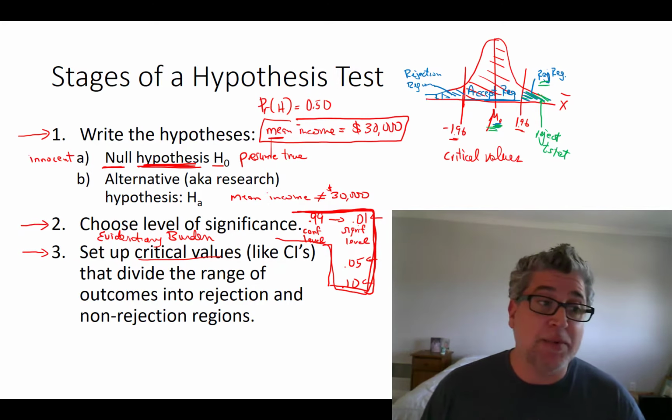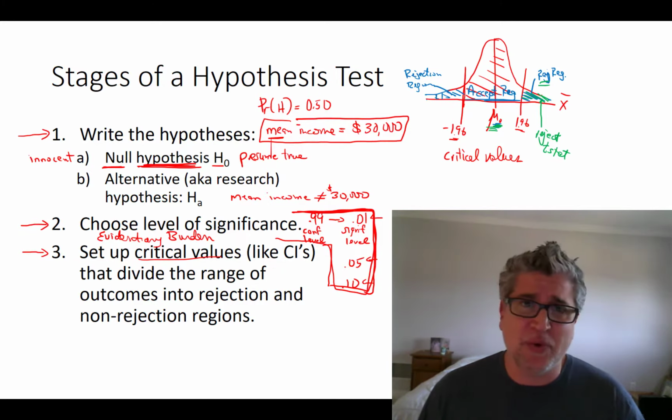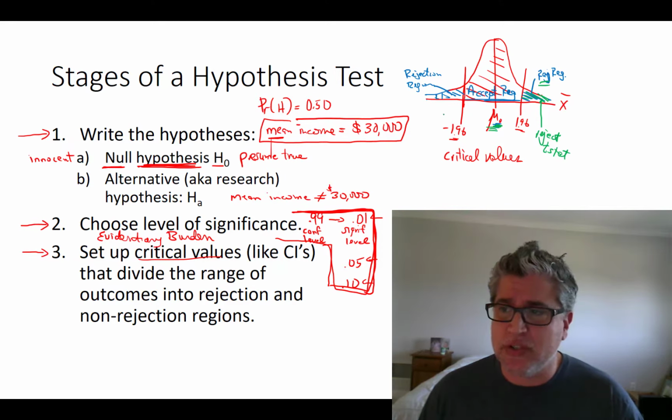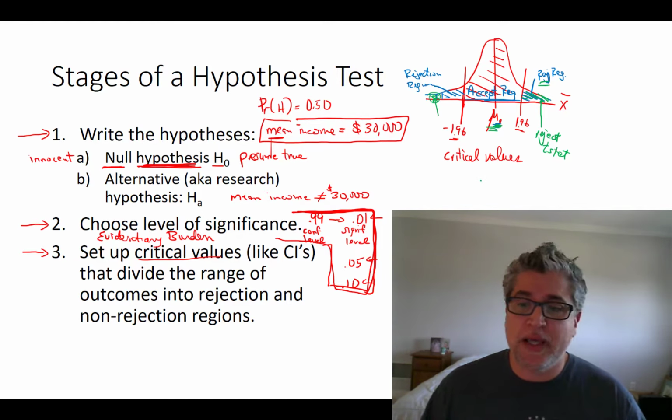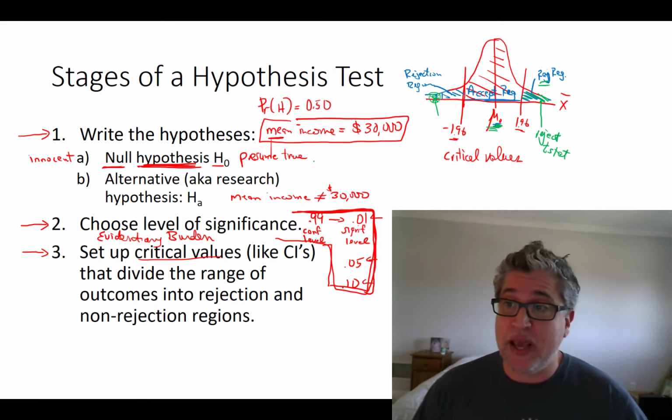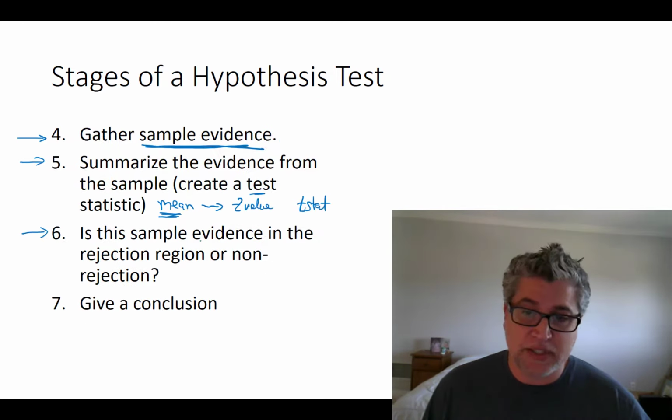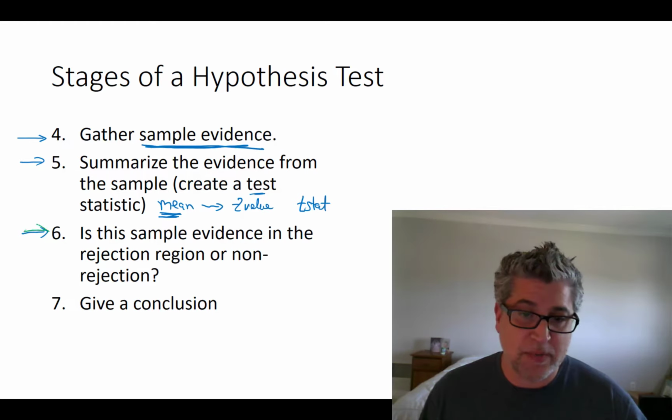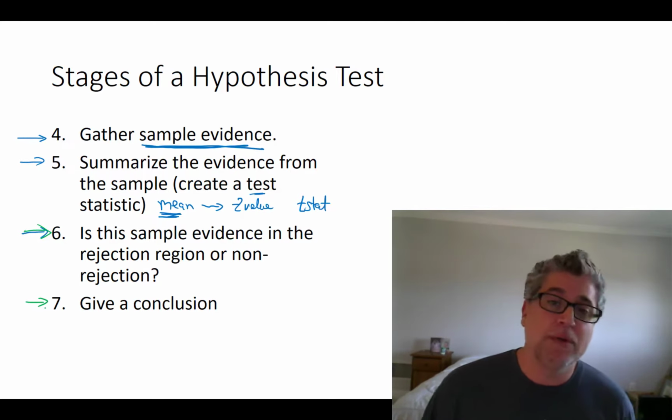Or you collect your sample of incomes, and let's say they're really low. You ask 100 people, and their average income was $10,000, and so you're way out here. Well, again, you'd be in a very low probability part of this distribution, and so you would be in a rejection region. Is the sample evidence in the rejection or the acceptance region? That's this part here. And then finally, wrap it up.